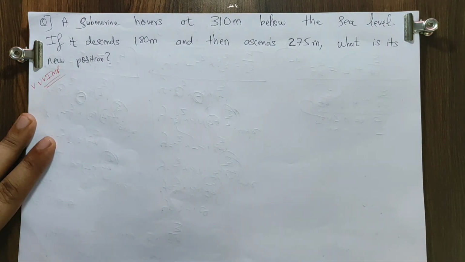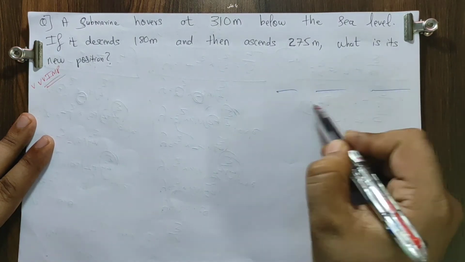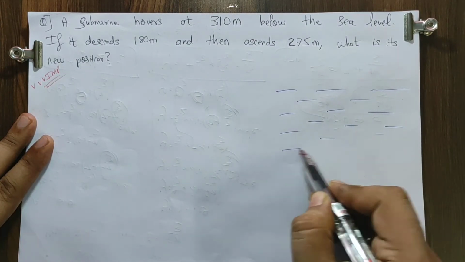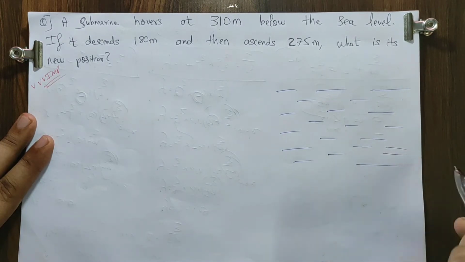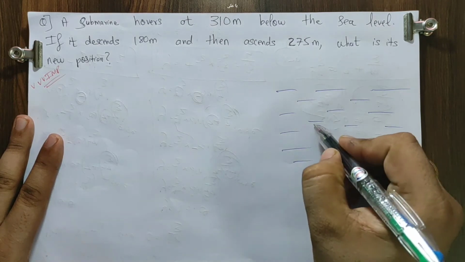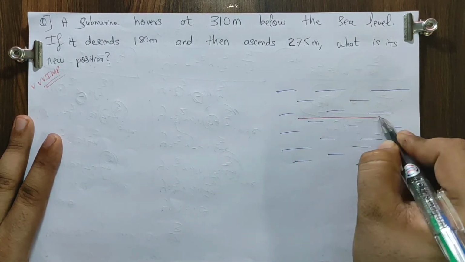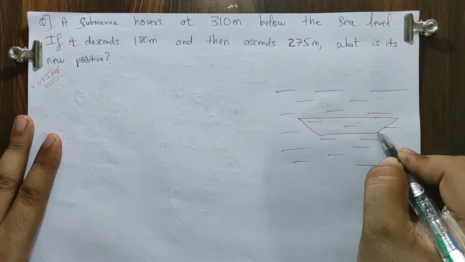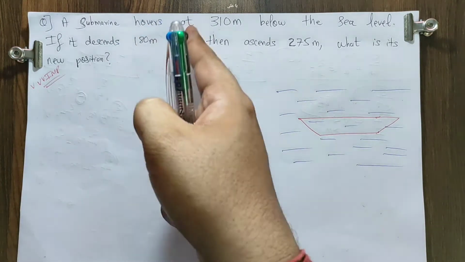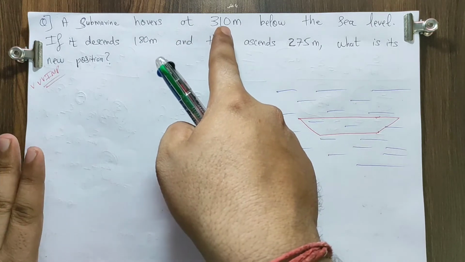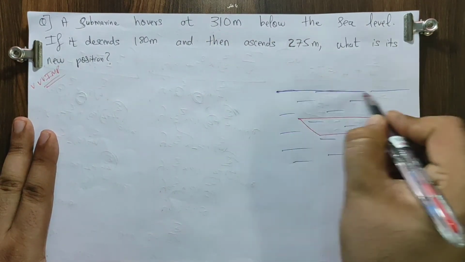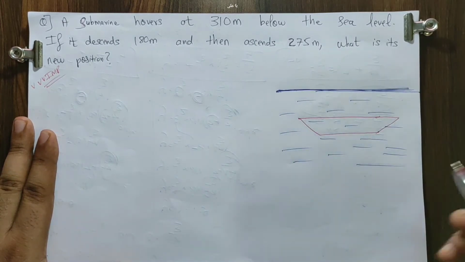Okay, so let's say this is the sea, and for example this is my submarine. A submarine hovers, runs or travels at 310 meters below the sea level. Pay attention, this is my sea level.